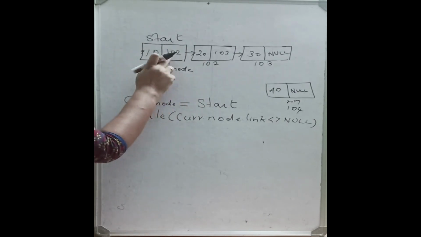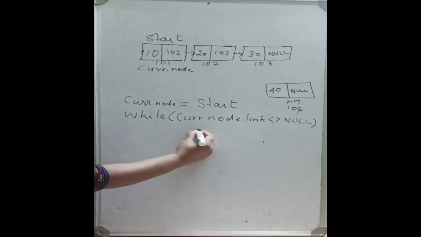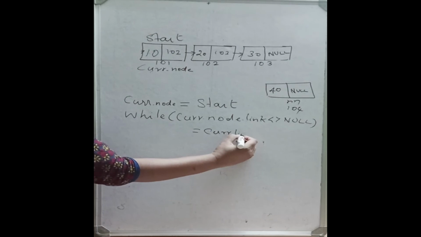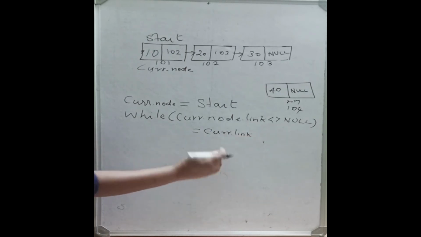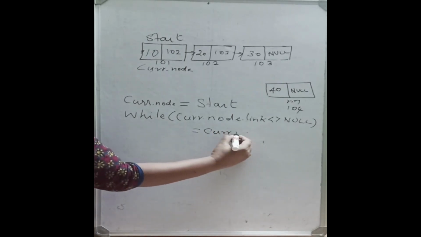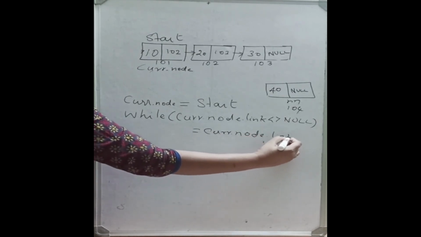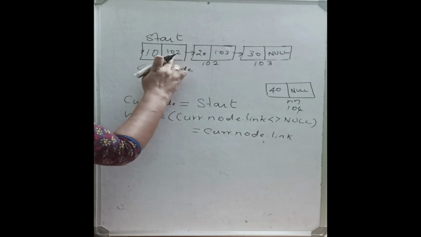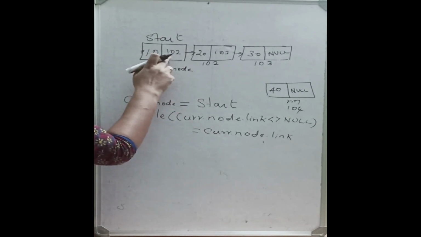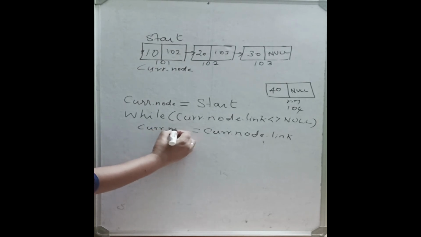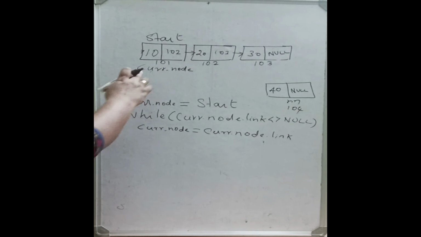So current node dot link. I have 102, which will be assigned to current node. So what was the value before?